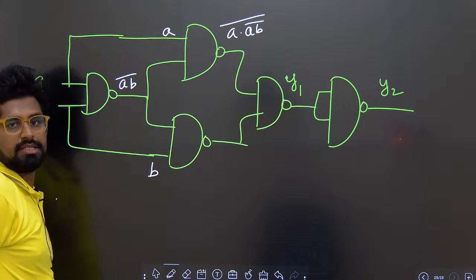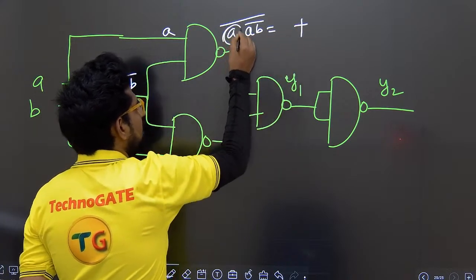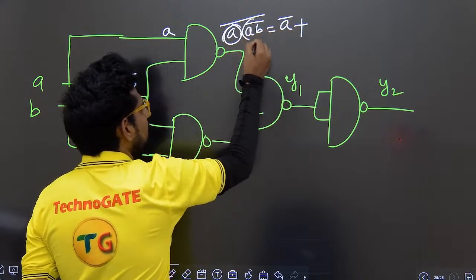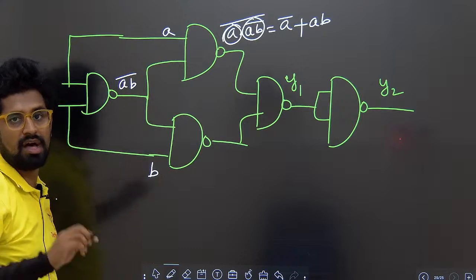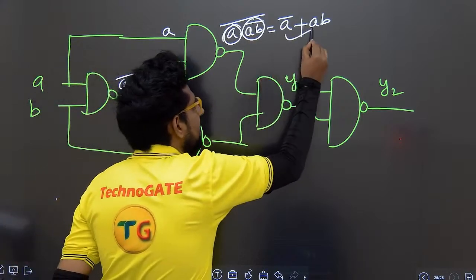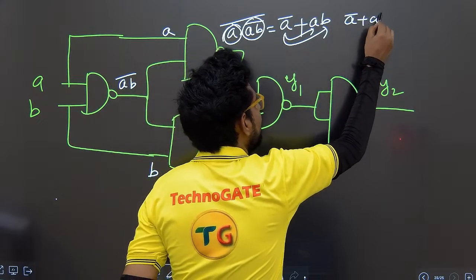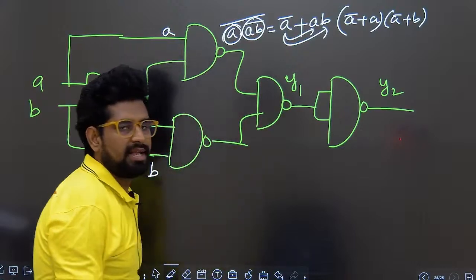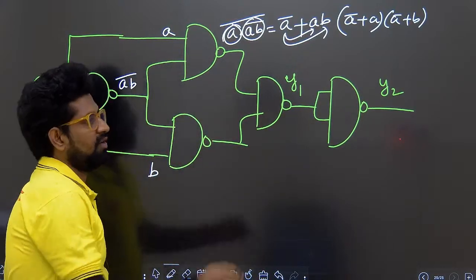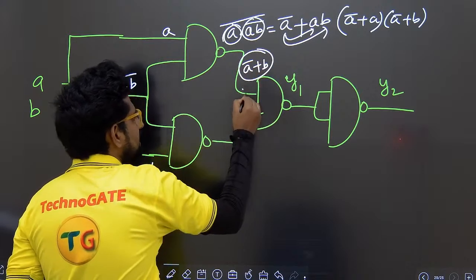Apply De Morgan's law: into becomes plus, no bar becomes bar, bar becomes normal. Now apply the distribution law. A bar can be distributed to A and also A bar can be distributed to B. A plus A bar how much? 1. 1 into something. So A bar plus B is the signal appearing here.